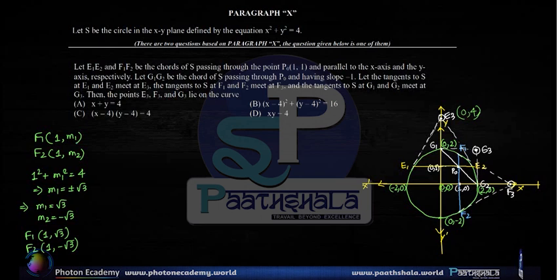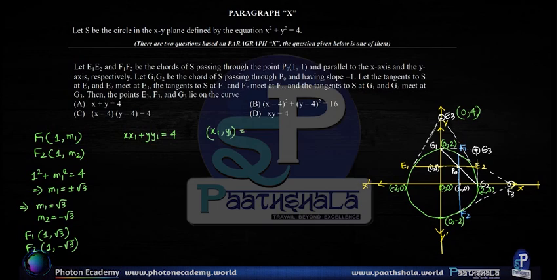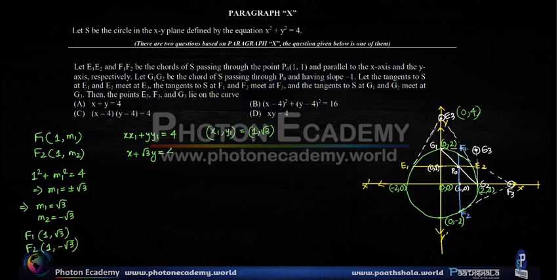We will write the equation of the tangent for F1, which is x x1 plus y y1 is equal to 4, and x1 y1 in this case is equal to 1 comma root 3. Doing that, we get x plus root 3y is equal to 4.